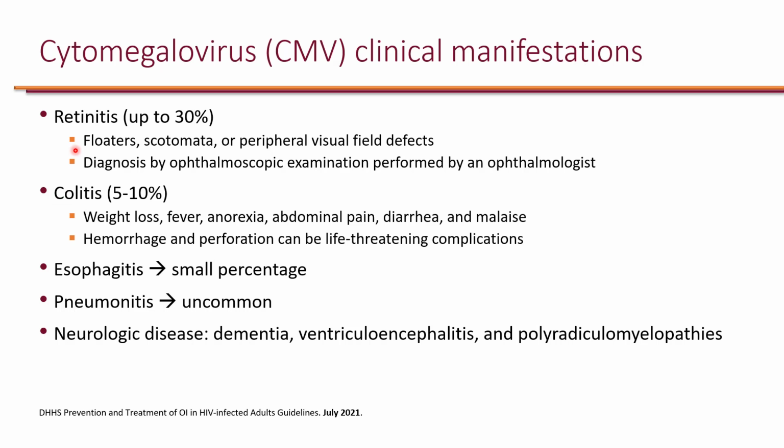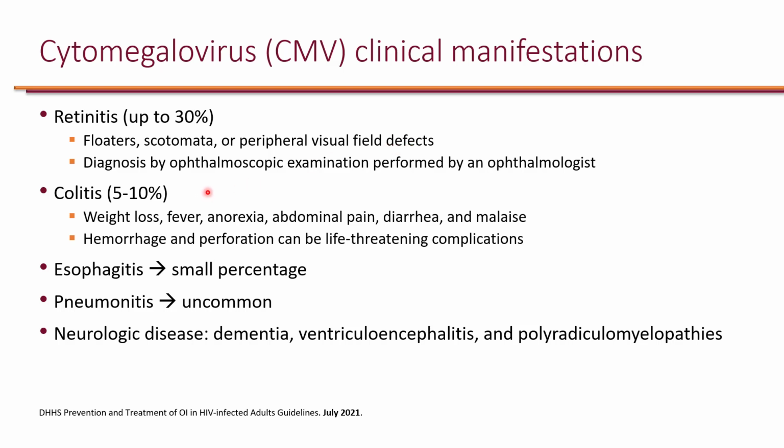Now let's take a look at some of the symptoms. With retinitis, patients will experience floaters, which essentially means spots in the vision, scotoma, and the plural for scotoma is scotomata, which essentially means a partial loss of vision or blind spot in an otherwise normal visual field, and of course, peripheral visual field defects.